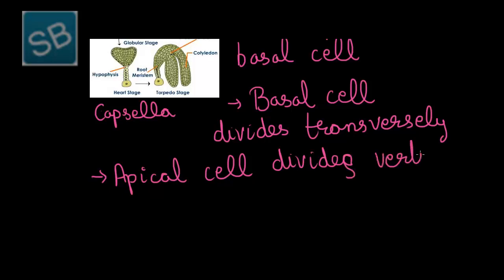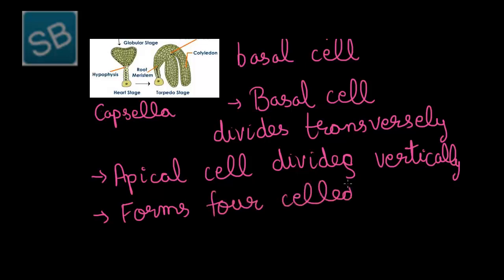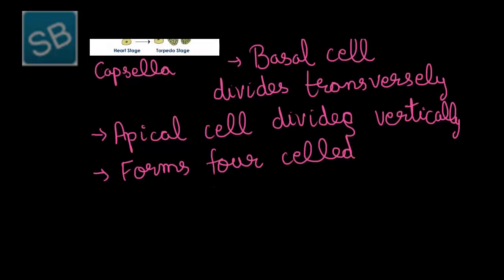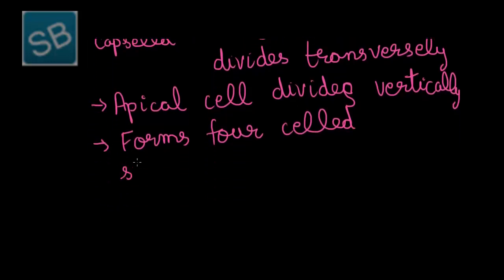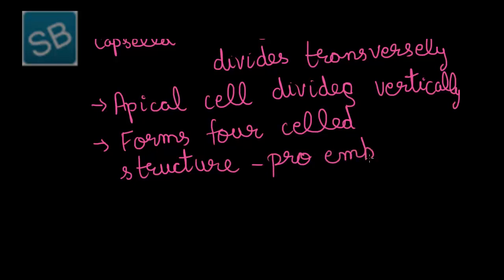This results into the formation of a four-celled structure, and this four-celled structure is known as proembryo, which is formed by the division of apical and basal cell. This proembryo is the basic of starting of the structure of embryo.